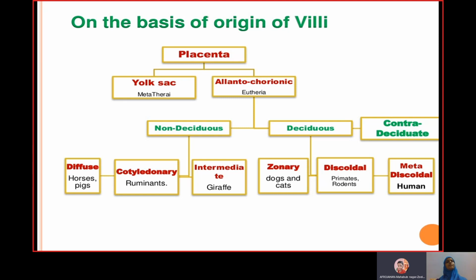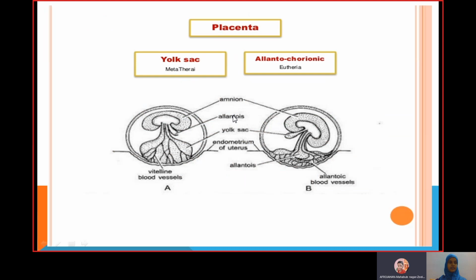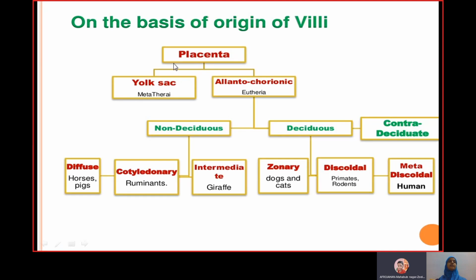There are different types of placenta, which are classified based on the origin of villi. On the basis of origin of villi, placenta is divided into these types. See, first, if the growing fetus is taking more food materials from the yolk sac, it is a yolk sac placenta.